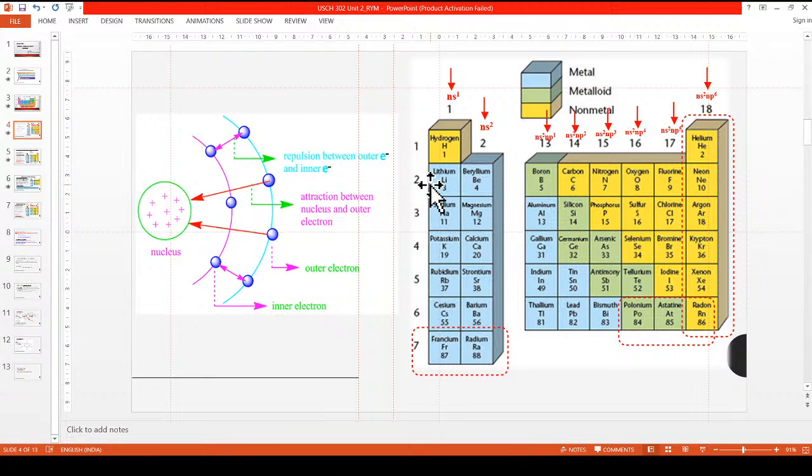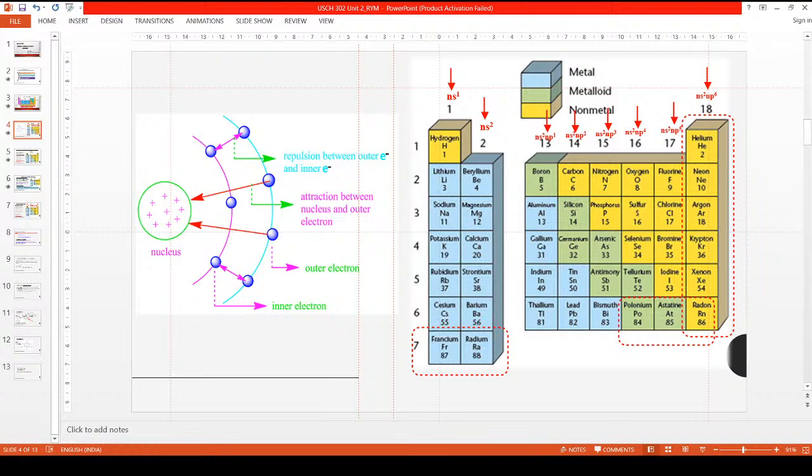2s orbital, what does that mean? The s orbital has a capacity of 2 electrons. There is only one 2s orbital, having a capacity of 2 electrons, whereas in the 2p orbital there are 3 suborbitals, px, py, pz, and since each suborbital can occupy 2 electrons, a total of 6 electrons can be accommodated in the p orbital.